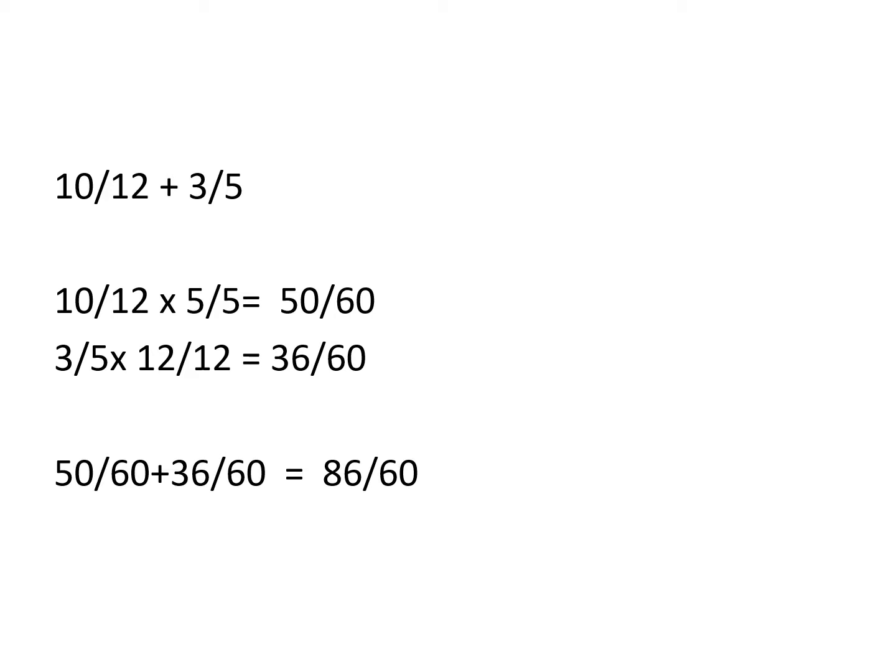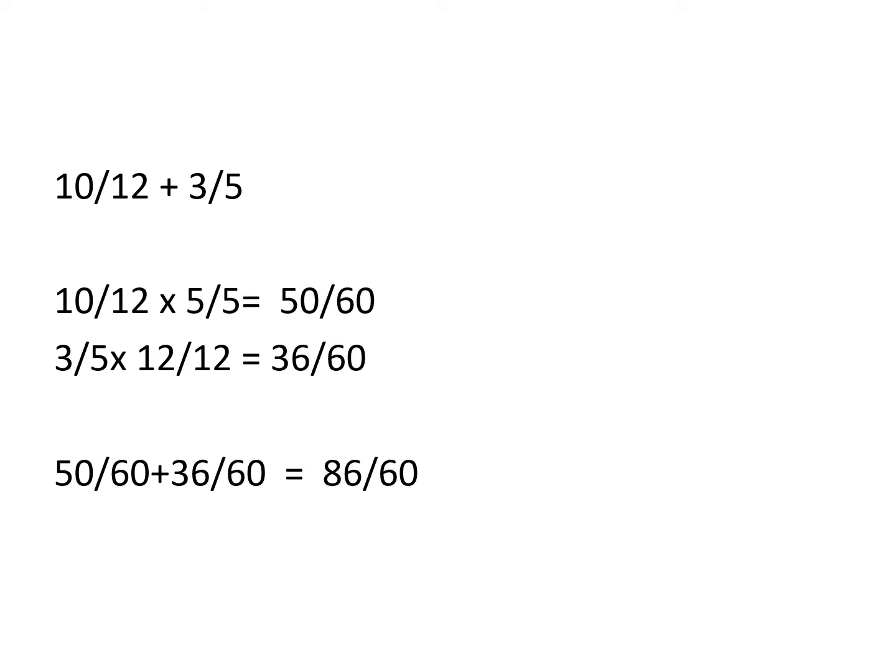Yes, it is 5. Write down the first fraction, 10/12 multiplied by the denominator of the second fraction, that is 5/5. 10 5s are 50, 12 5s are 60. New fraction is 50/60.